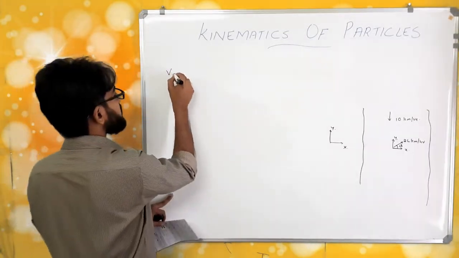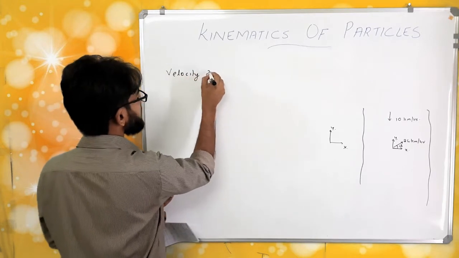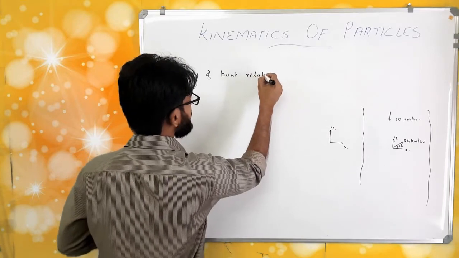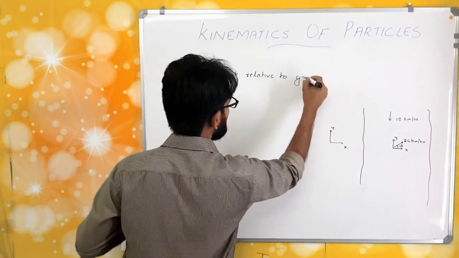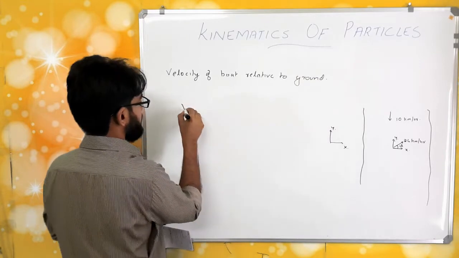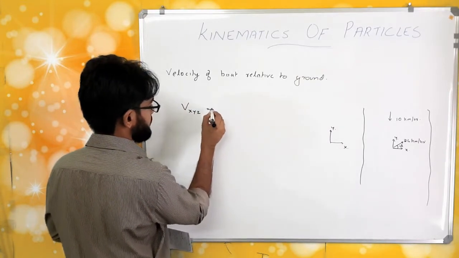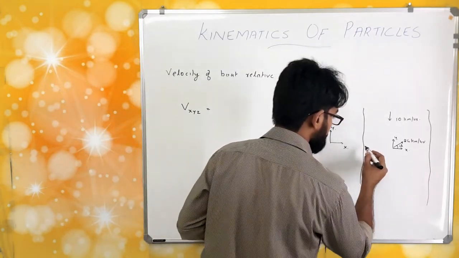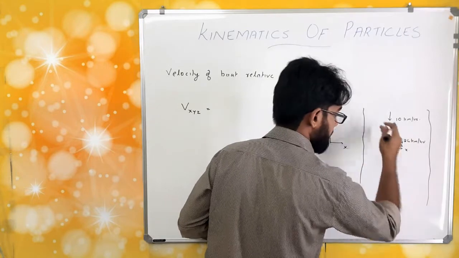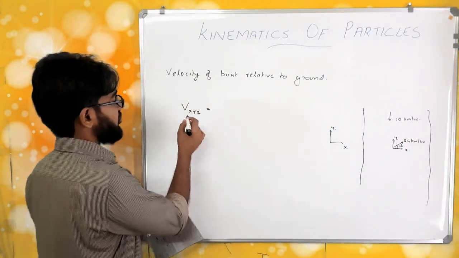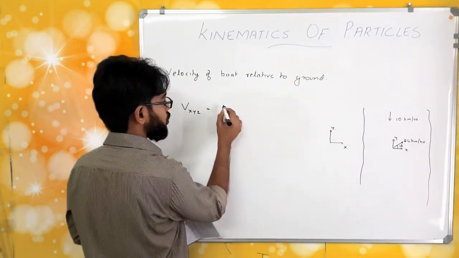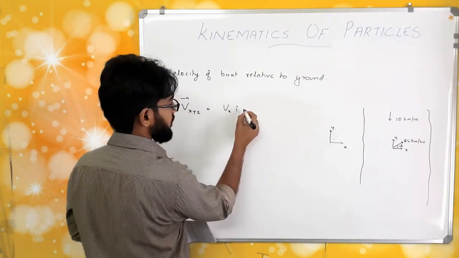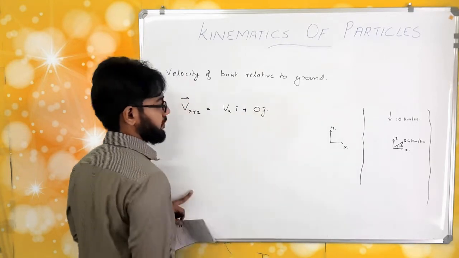The third one is velocity of boat relative to ground, that is V capital XYZ. Now in the question it is given that the corresponding boat travels perpendicular to the flow of water. So my V capital XYZ will be equal to Vx i cap plus 0 j cap.